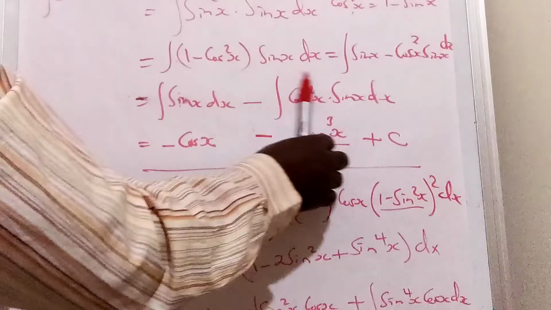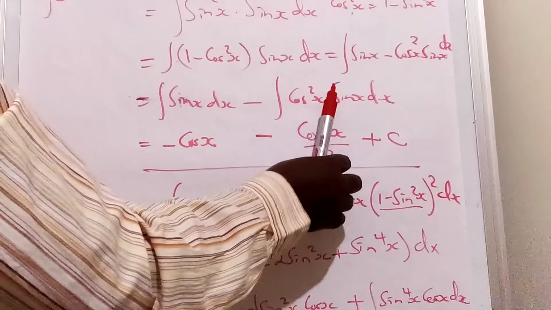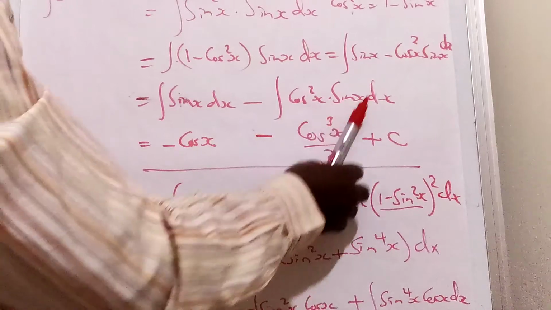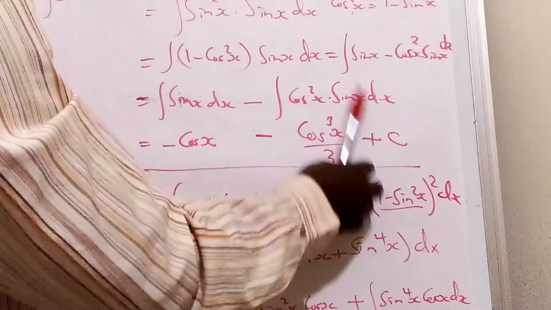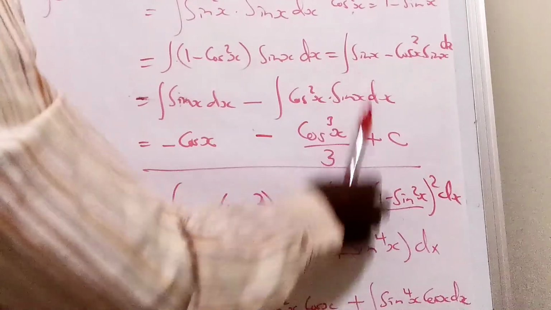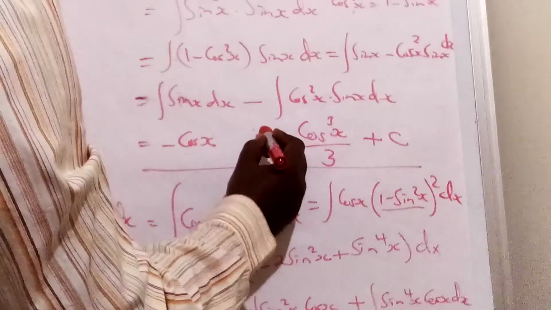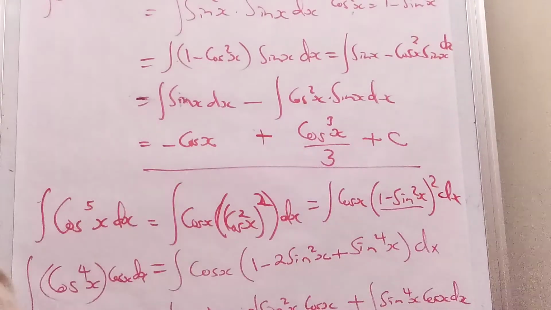When you differentiate the cos cubed of x, you're going to get 3 cos squared x times the negative of sine x. So when you are dividing here, you divide by negative 3, and that becomes positive. So that should be it.